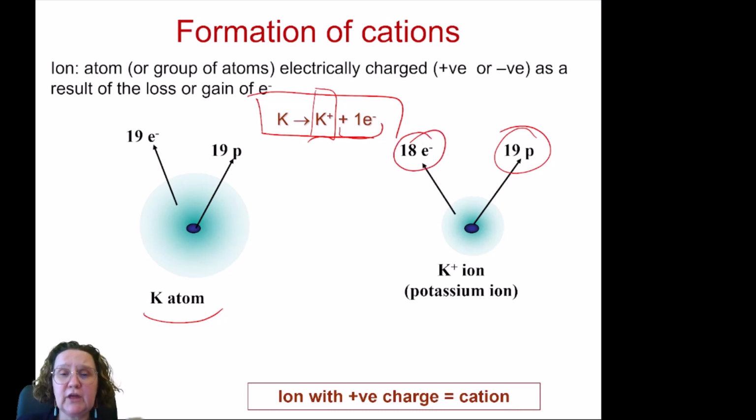And if you look at the two drawings, I've tried to show how the atom shrinks. The cation is considerably smaller compared with the atom in its neutral form because it has lost one electron.